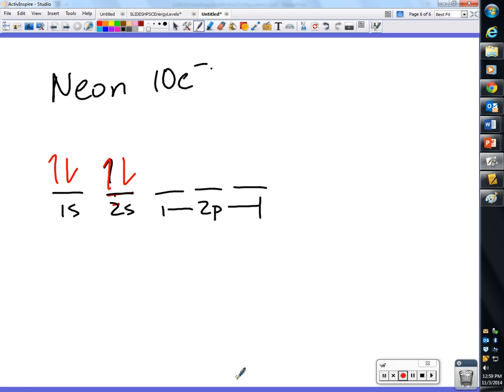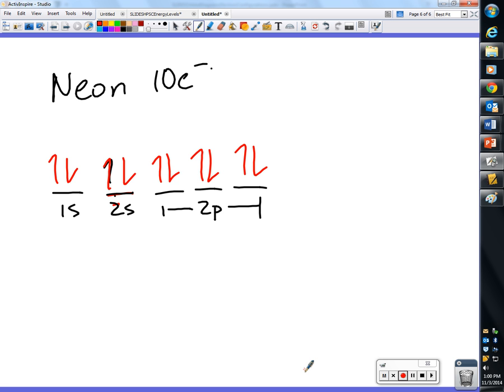But if we did it according to Hund's rule, it would go 5, 6, 7, 8, 9, 10. You don't necessarily have to fill them in that way, because in the final result I wouldn't be able to tell the order. But that's how the order would go. Good there.